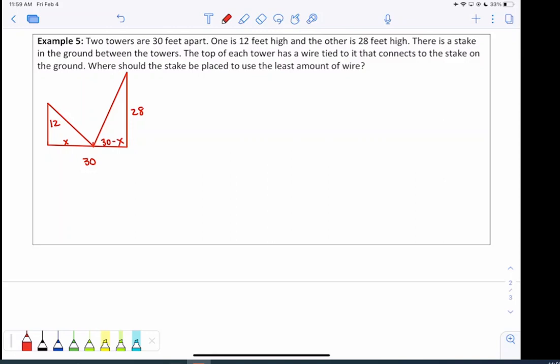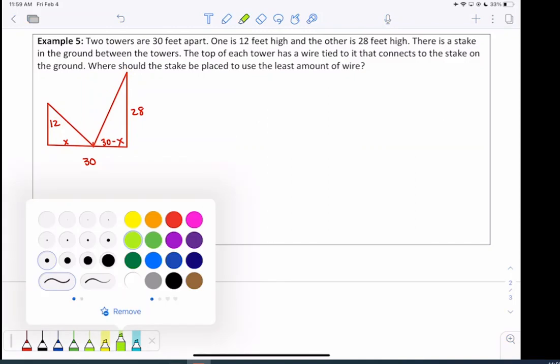What am I trying to minimize here? The wire. So this guy and this guy is my wire. I'm trying to minimize that. Well, what is this side and what is this side of my triangle? How could I figure that out? Pythagorean theorem, right? Let me color code this for you guys.